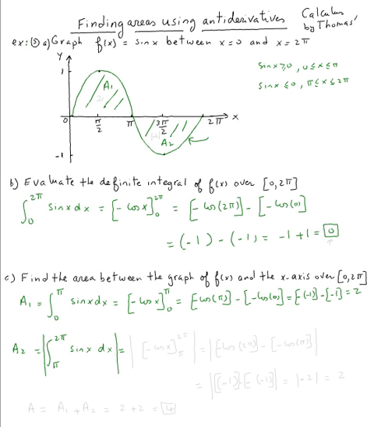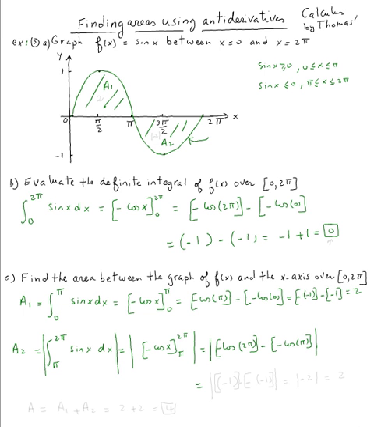Now for A2, this is going to be equal to the absolute value of the integral of sine, which is the same thing, minus cosine, but this time between pi and 2 pi. So we need to plug in 2 pi first, so minus cosine of 2 pi, and then minus, and then plug in the pi, minus cosine of pi, and then you want the absolute value of everything.